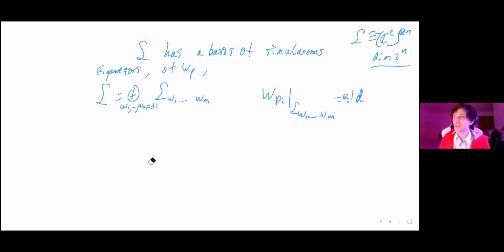Essentially, it's going to boil down to solving the problem, which we'll be able to explicitly solve when we get to it, on just a Majoranized version of one of these. The Hamiltonian is going to reduce to some quadratic form.